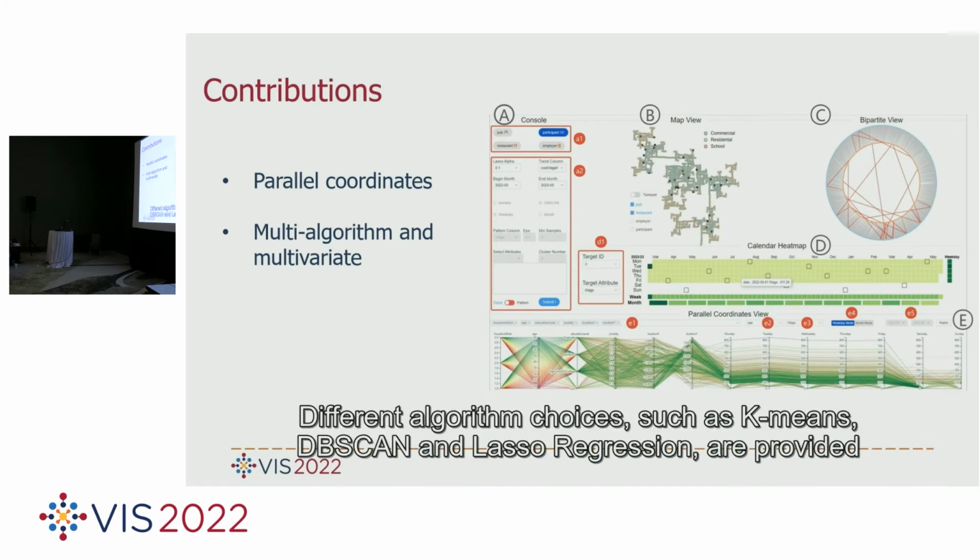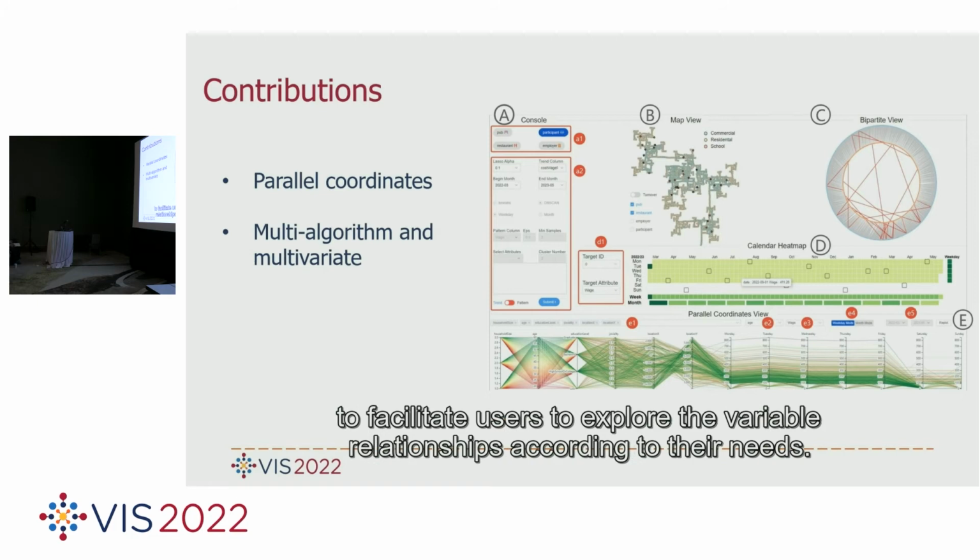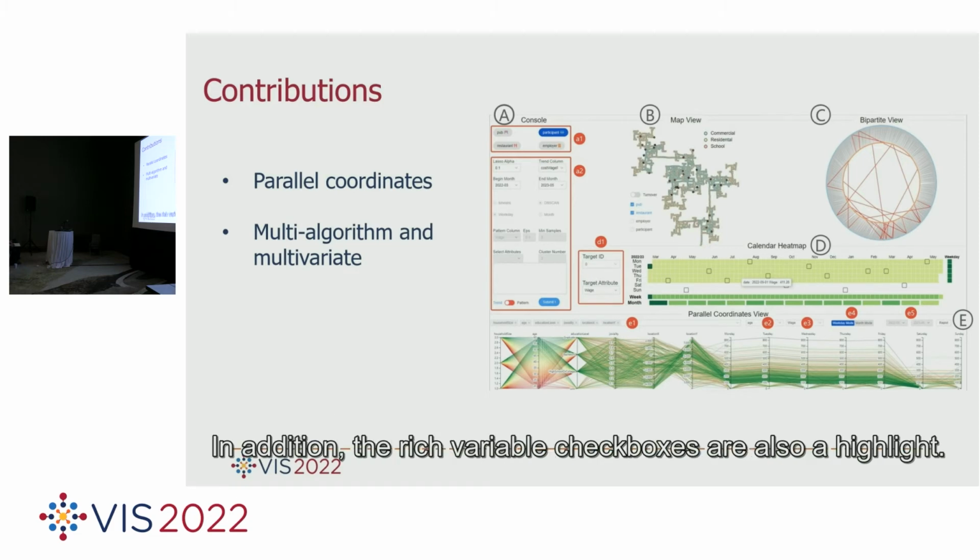Different algorithm choices, such as k-means, DBSCAN, and lasso regression, are provided to facilitate users to explore the variable relationships according to their needs. In addition, the rich variable checkboxes are also a highlight.